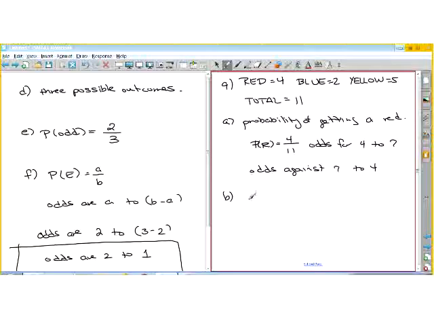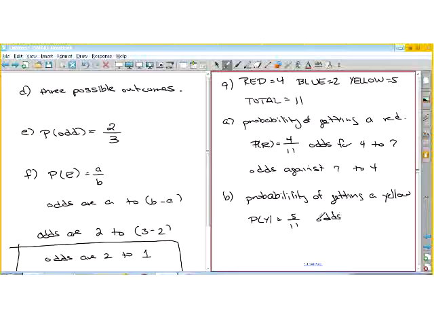Okay, so let's do the next one. So the next one we're looking at is probability of getting a, what's the next one? Yellow. So the probability of getting a yellow is, well, there are 5 yellows, 11 balls.